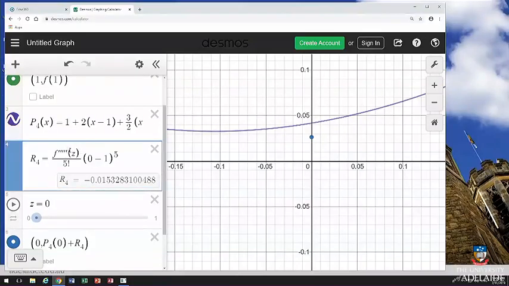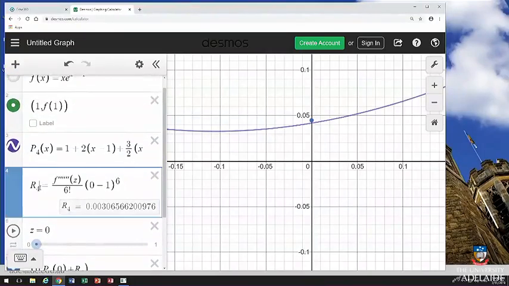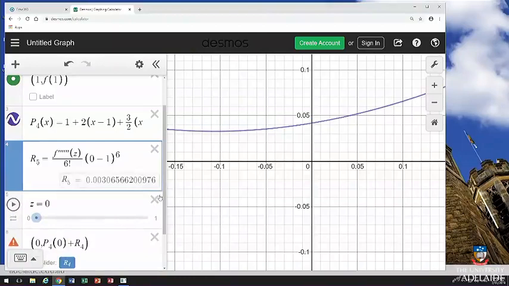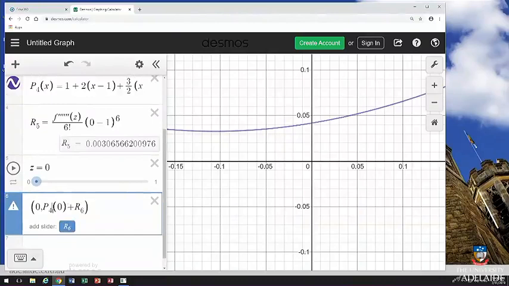Because when I do the fourth derivative, if I did the next derivative, it's not R4 anymore, it's R5. I think it's struggling to do derivatives. And we need P5, don't we? Which I don't know. Sorry.